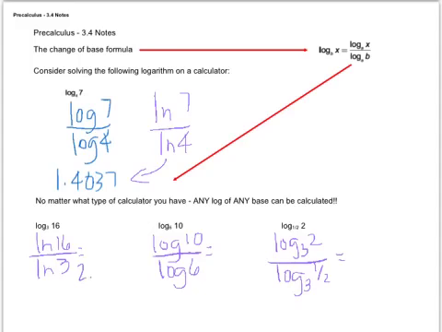2.5237. Log 10 divided by log 6 is 1.2851.